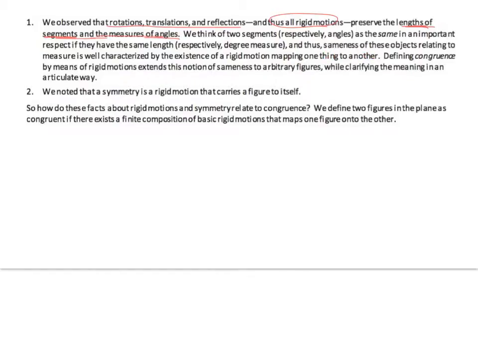When we say mapping one thing onto another, I can take that same first triangle and that same second triangle, and what I want to do is pick this up and move it onto here to show that they are exactly the same. Defining congruence by means of rigid motions extends this notion of sameness to arbitrary figures while clarifying the meaning in an articulate way. We noted that a symmetry is a rigid motion that carries a figure to itself.